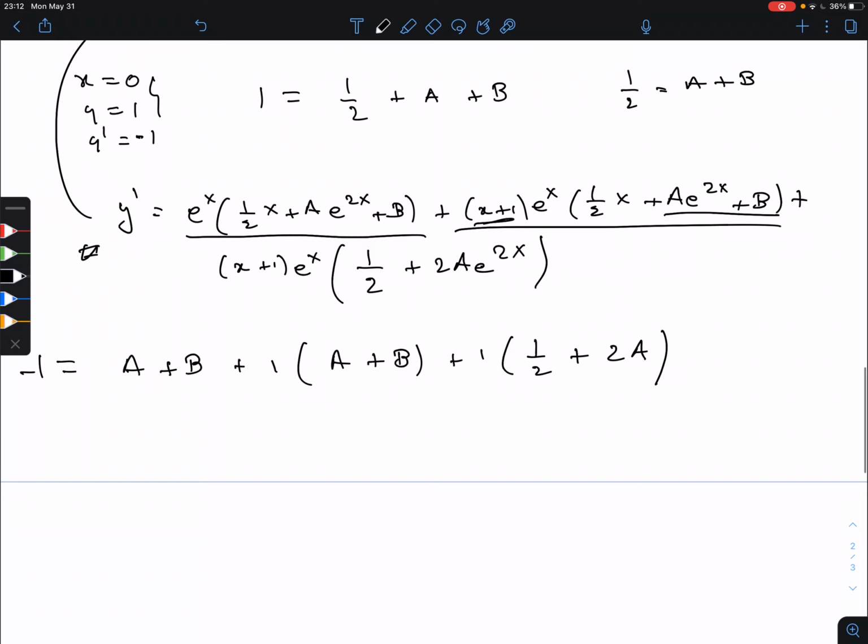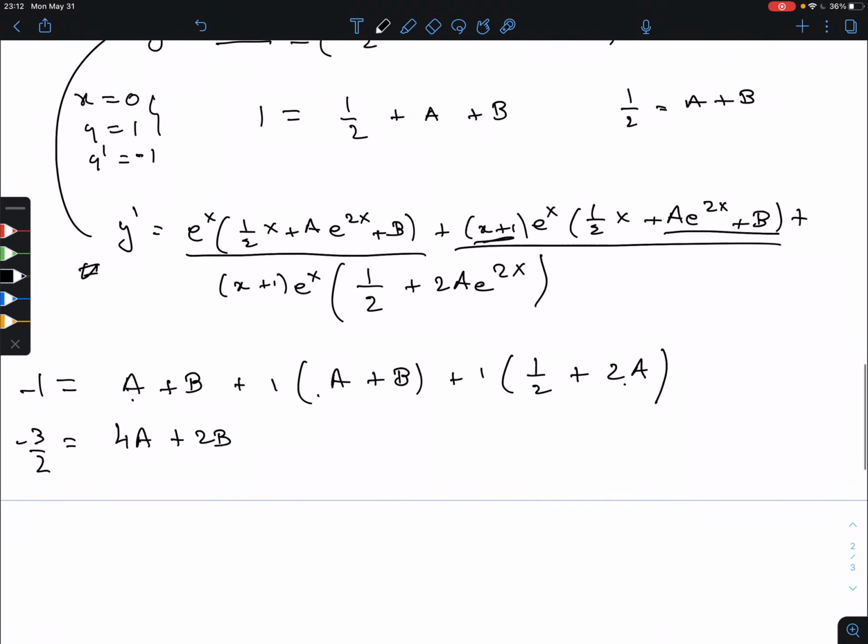Okay, so what we have is a plus a plus 2a, so 4a. We have b plus b plus 2b, and then we have a half here, and if I bring that to the other side, it becomes -3 halves. So that's one equation, and the other one, I'll write it underneath here, was a plus b, right?